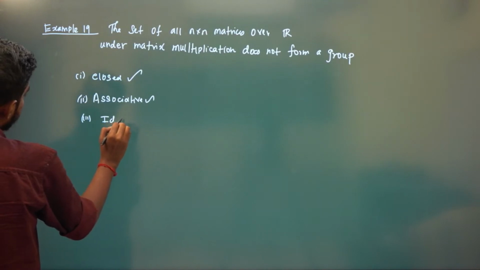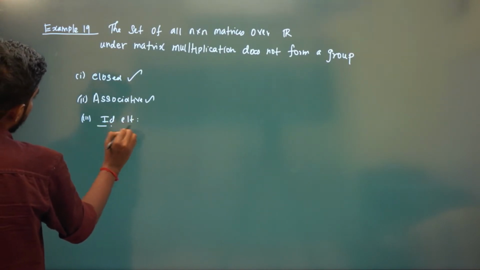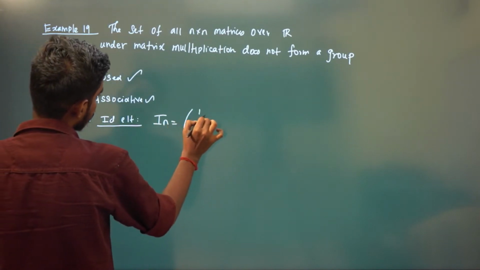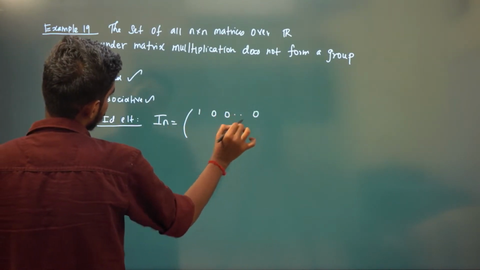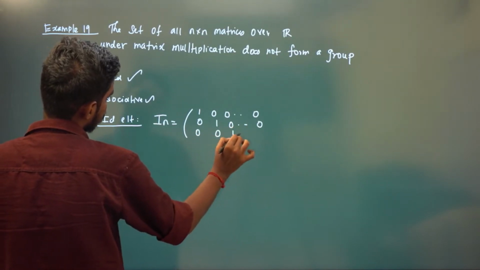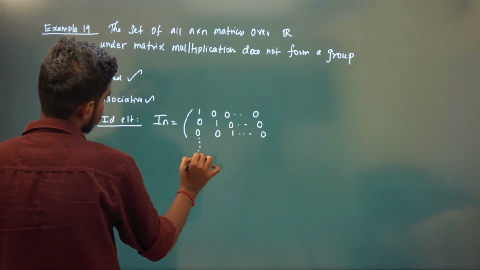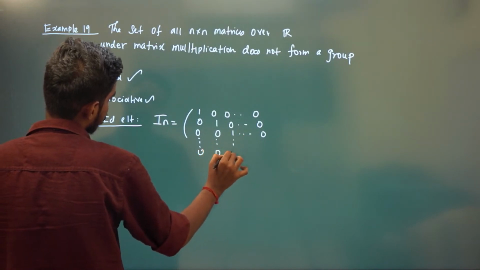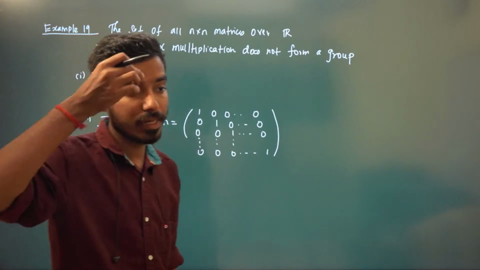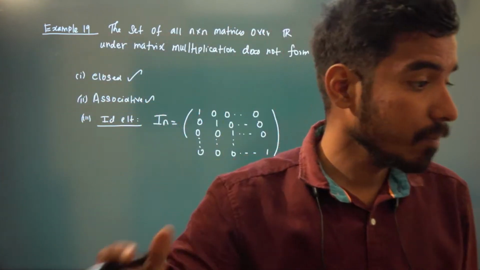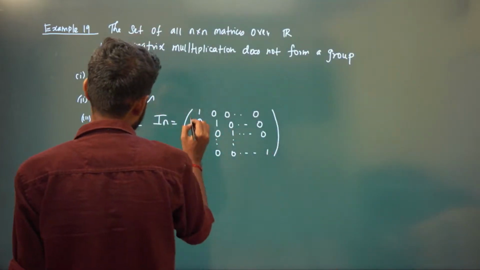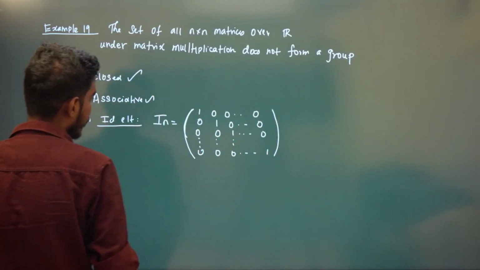The ID matrix will serve as the ID element if your operation is multiplication, because if you multiply any matrix with the ID matrix, you will have that matrix back again, right? This is your ID element.